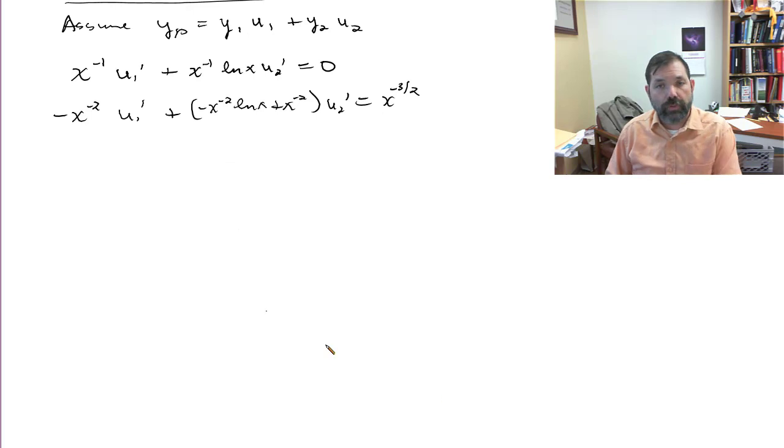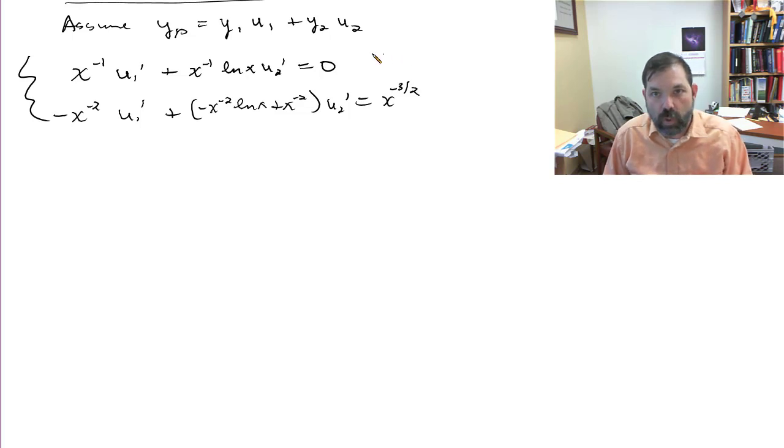Now we have to solve this system of equations. All right, so let's do a little bit of arithmetic here. Let's see. So I need to solve this system, and I see right here on the first two terms, that's a fairly easy multiplication. Let me multiply the first equation by x to the negative first.